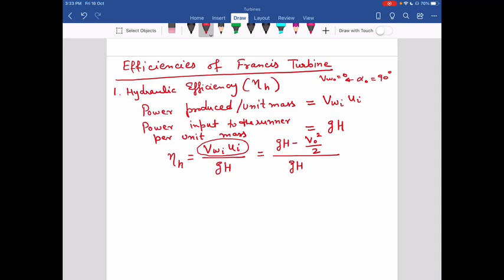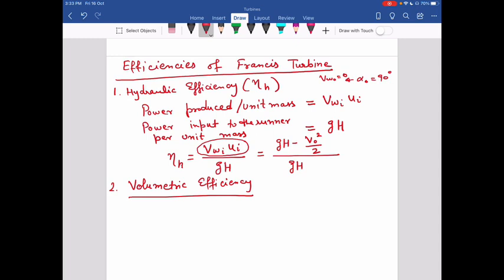The second efficiency is volumetric efficiency. That accounts for the volumetric losses, or water leakage or water loss.